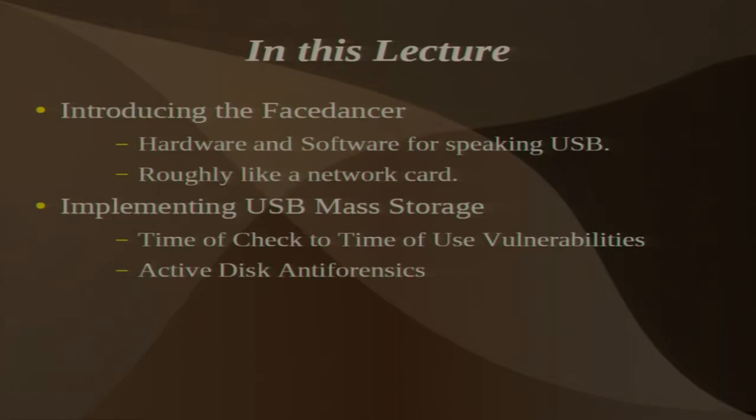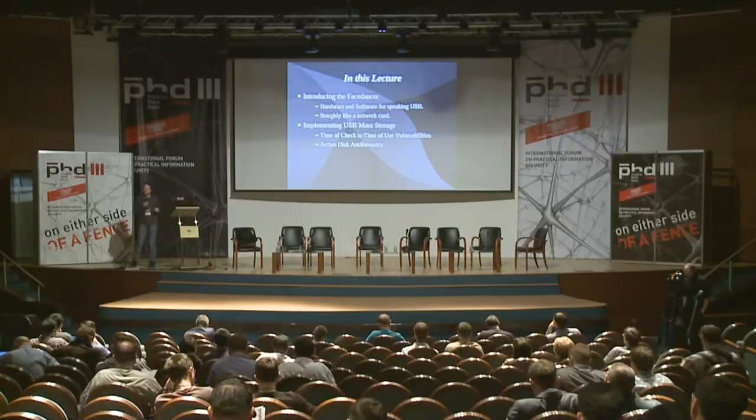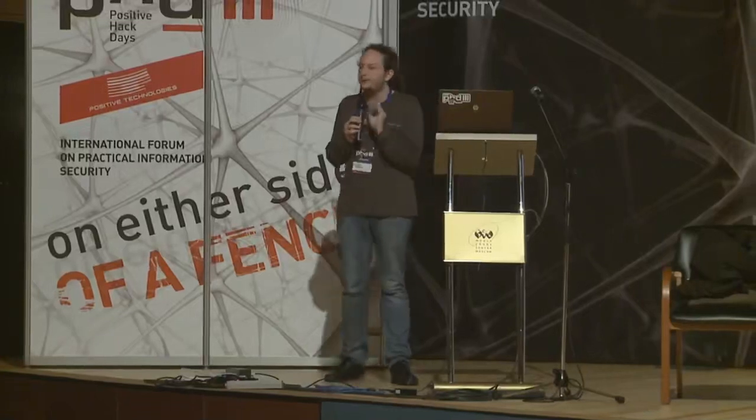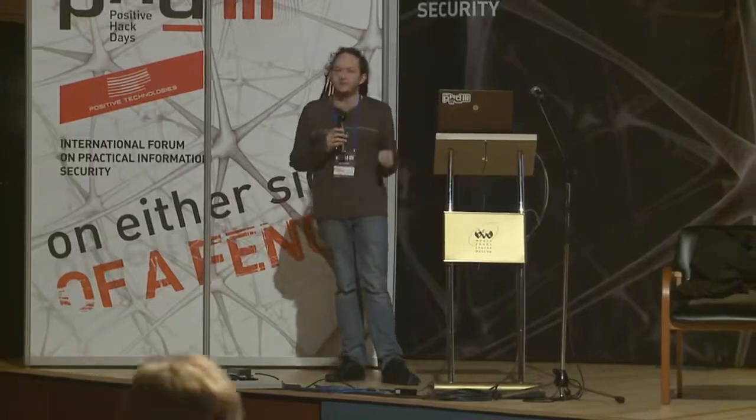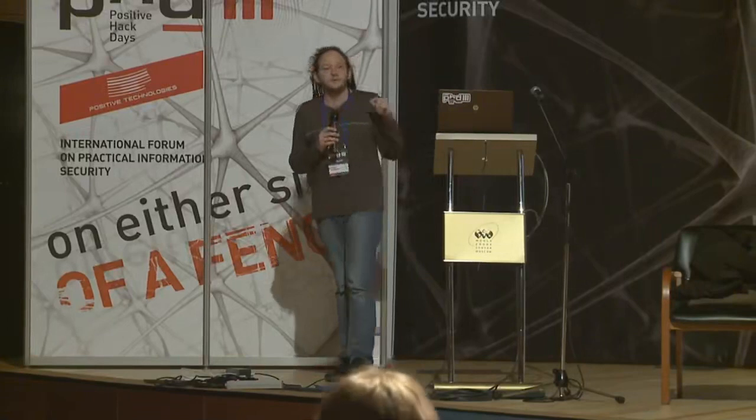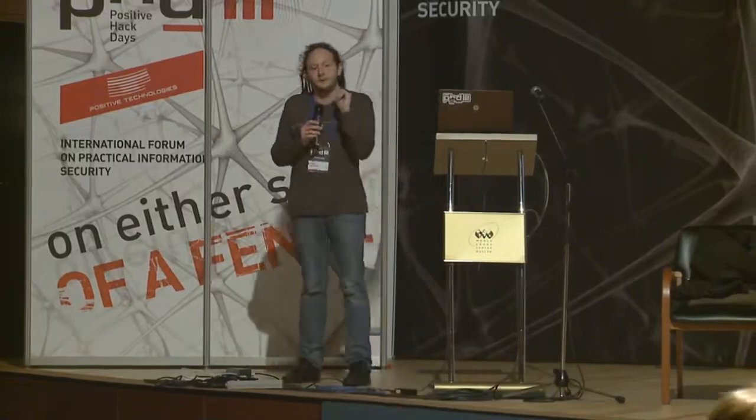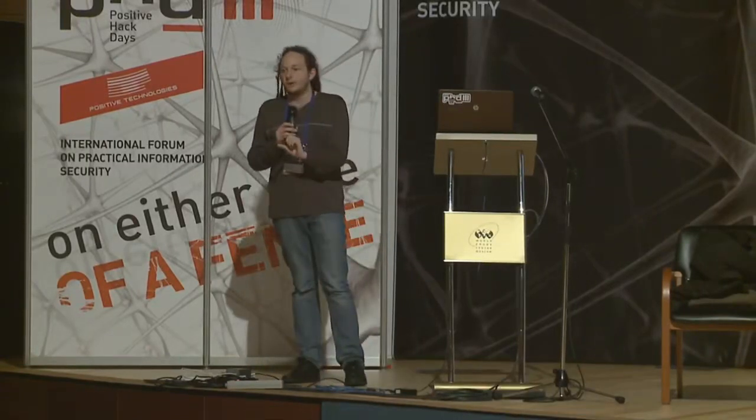I'll also be talking specifically about how to emulate USB mass storage and what interesting things you can do when you control mass storage. For example, Colin Mulliner has published a useful time-of-check to time-of-use vulnerability against a Samsung television. This allows him to very quickly introduce a backdoor giving him a telnet shell on the television.